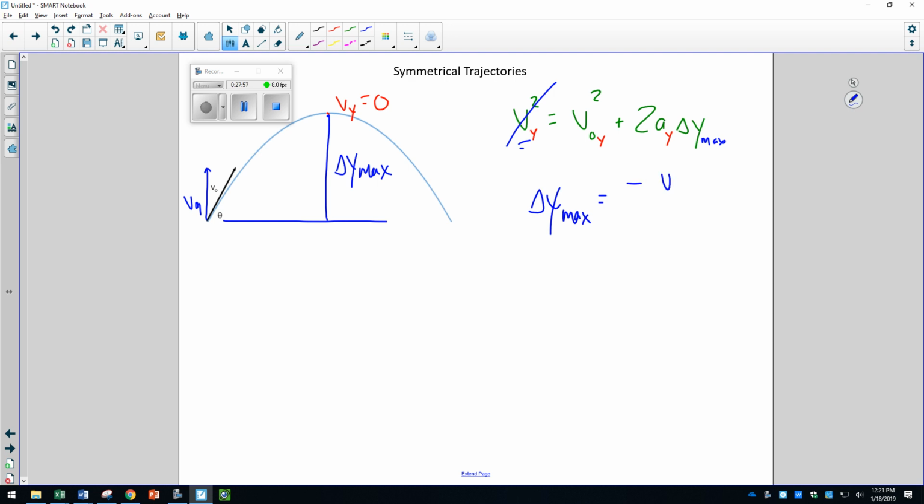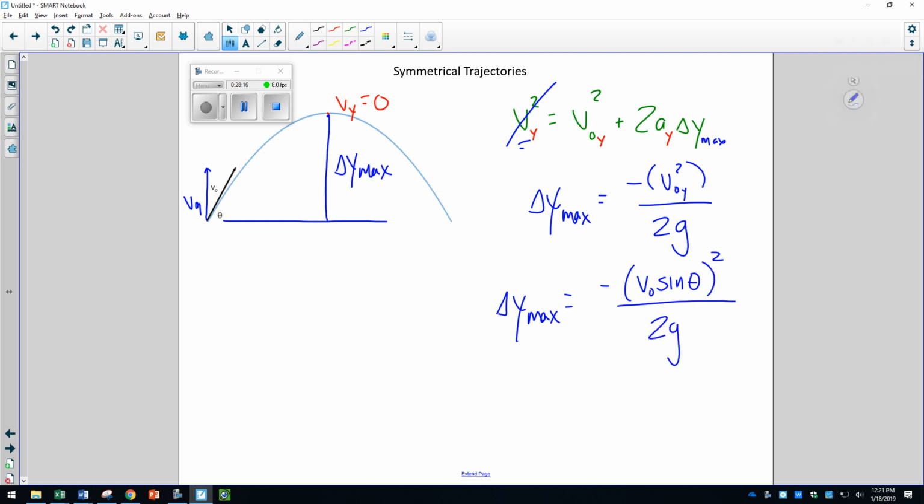Negative v naught y squared over 2ay. Or delta y max is negative v naught sine theta squared over 2g. And again, why is that negative up there? Well, again, v naught sine theta is v initial in the y direction.